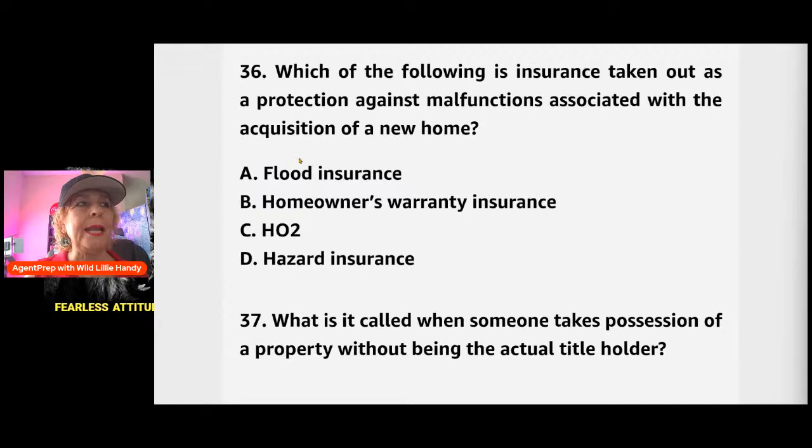Buying a new home that's never been lived in and it's brand new construction. So builders will, multiple home builders that build lots of homes and subdivisions will provide this. Not all builders will. Yes, it's the homeowner's warranty insurance. Okay, that is provided by the builder.